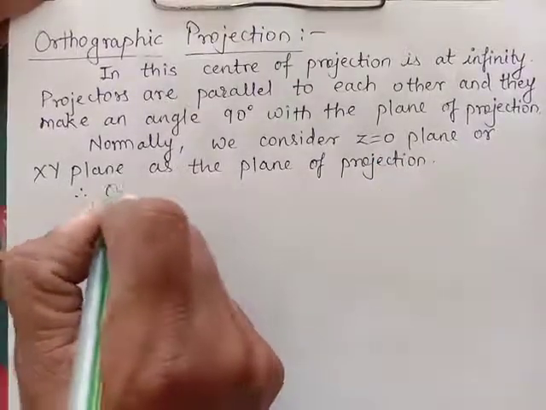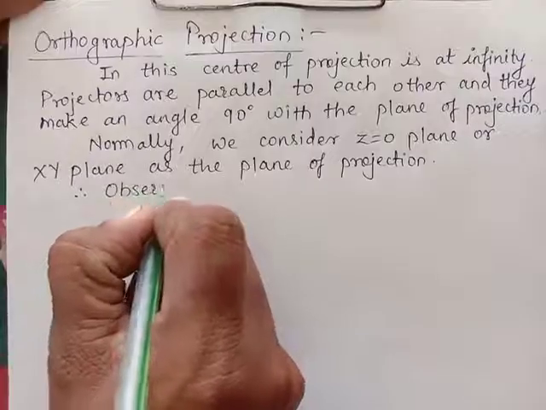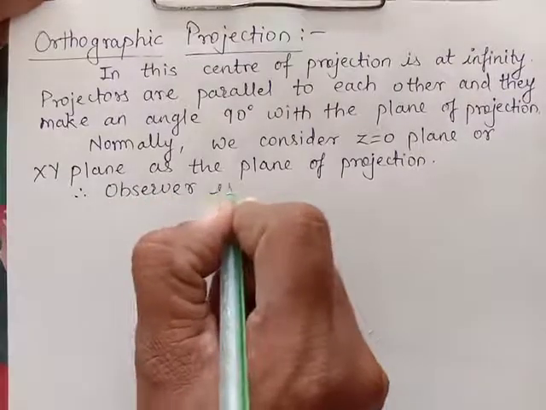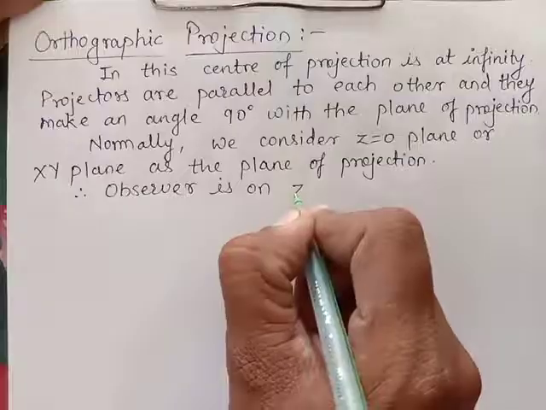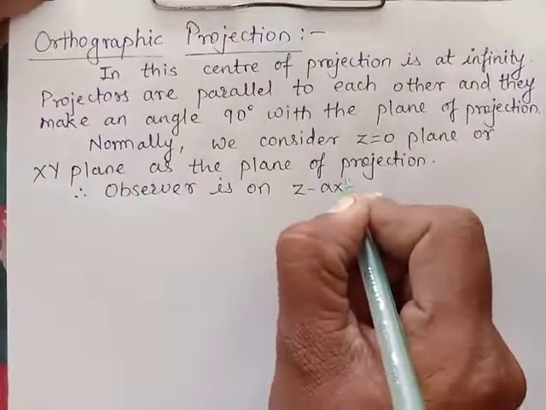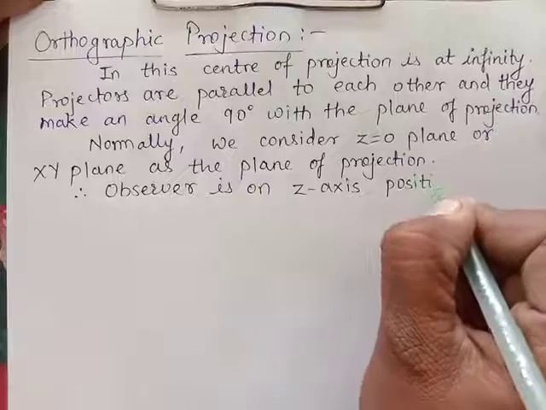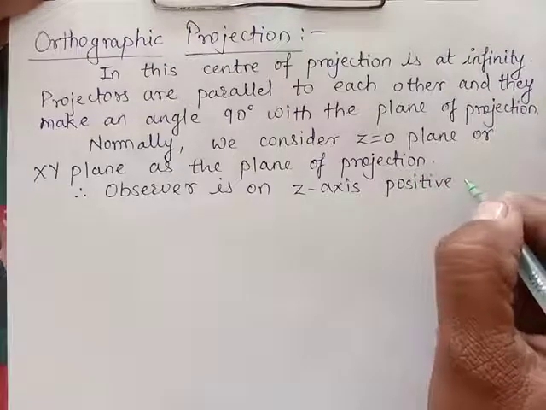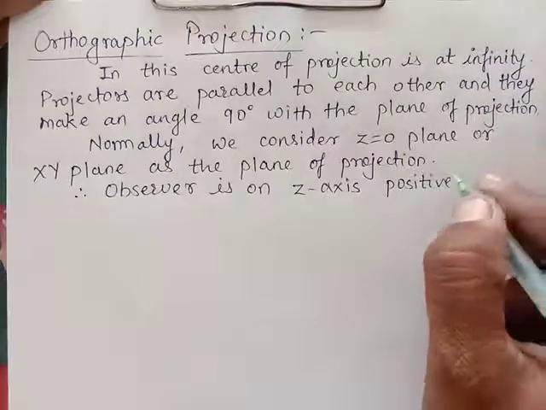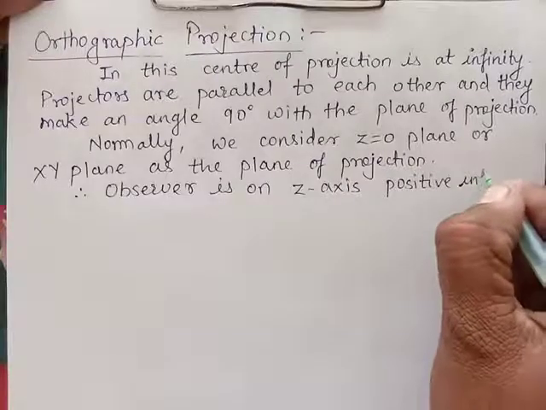Therefore, the observer is on the z-axis. Where? Positive infinity. The observer is on the positive z-axis at infinity.